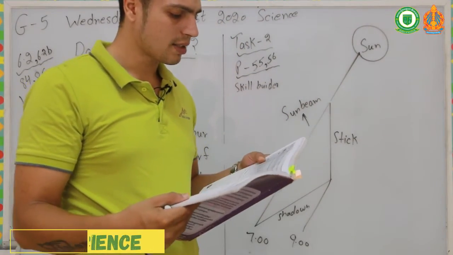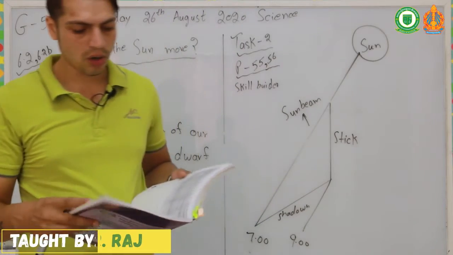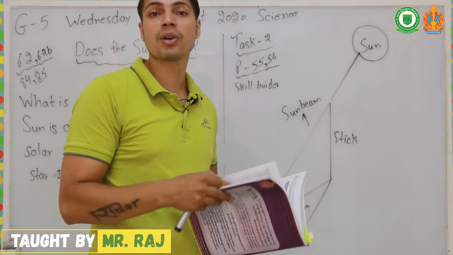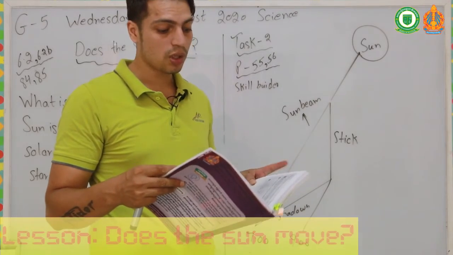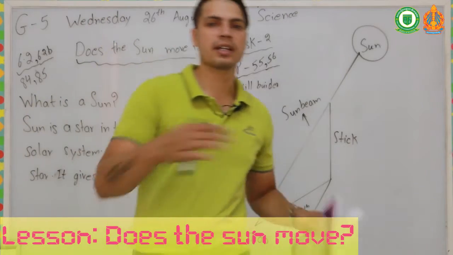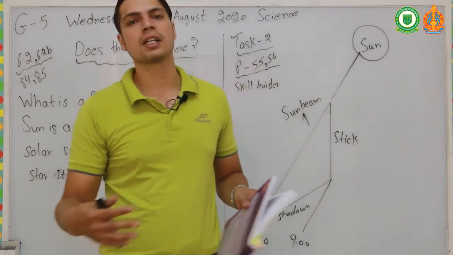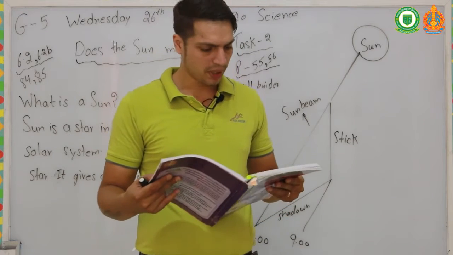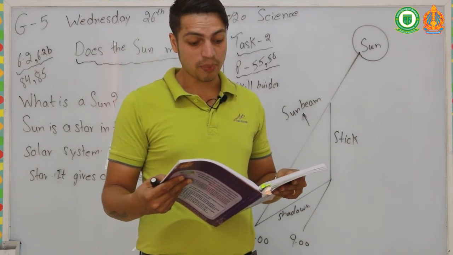Next, what does the sun appear to do between 9 o'clock and 3 o'clock? What do you think the sun appears to do? Do you think the sun is moving? The sun is moving forward, and also moving backward. So what do you think? Does the sun really do what it appears to do?